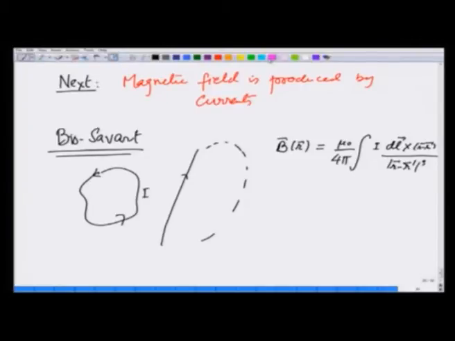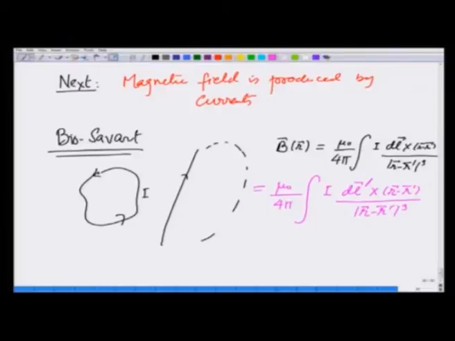Let me write it again neatly here. This is equal to mu 0 over 4 pi I dl. Let me also put dl prime, so that it denotes the point of integration, cross (r minus r prime) over |r minus r prime| cubed.